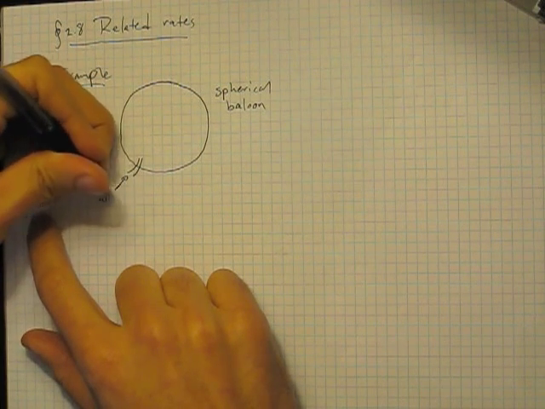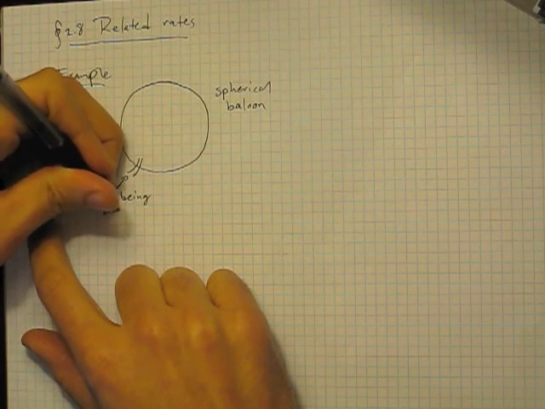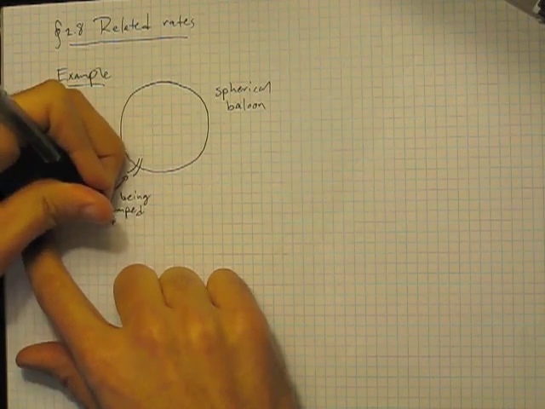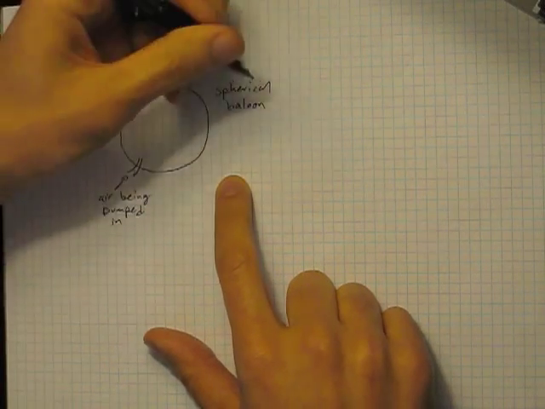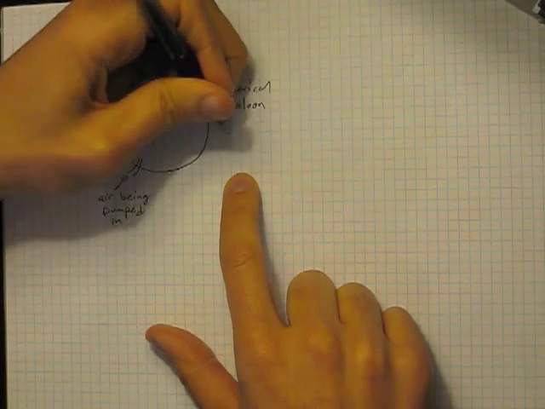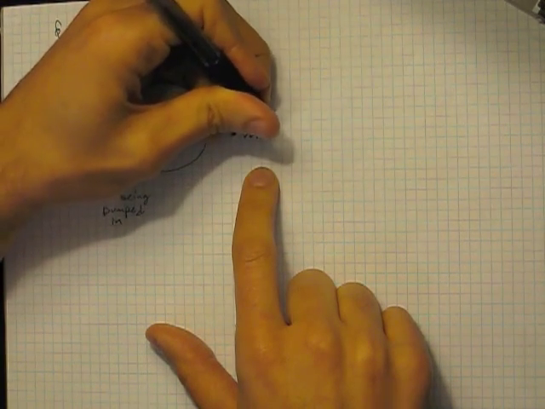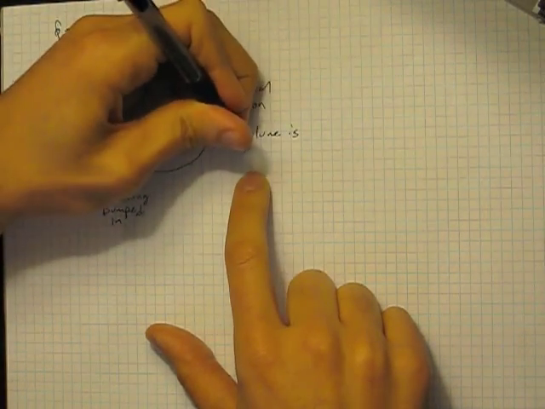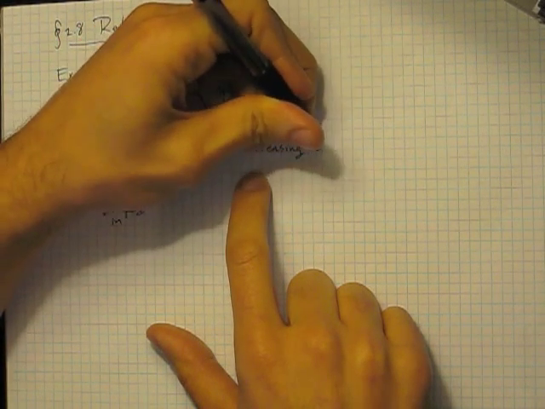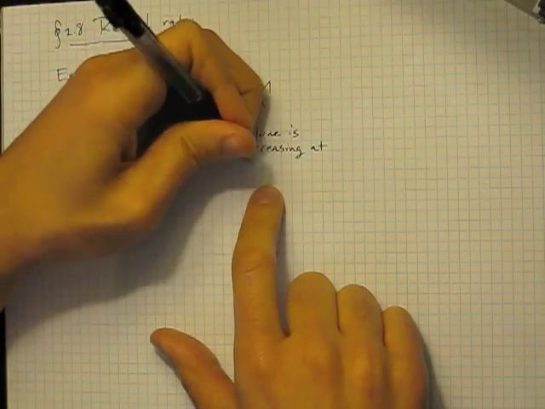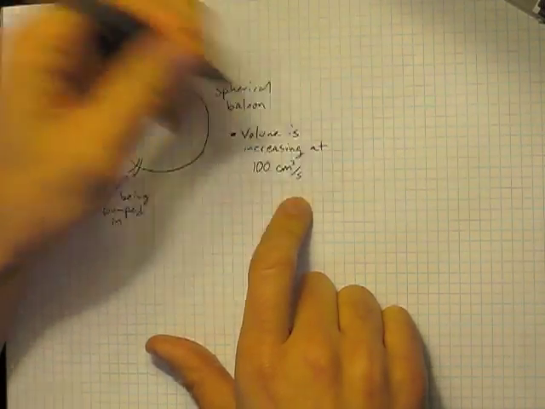So we have air being pumped in, and we're going to stipulate that the air is being pumped in so the volume is increasing at a rate of, let's say, 100 cubic centimeters per second.